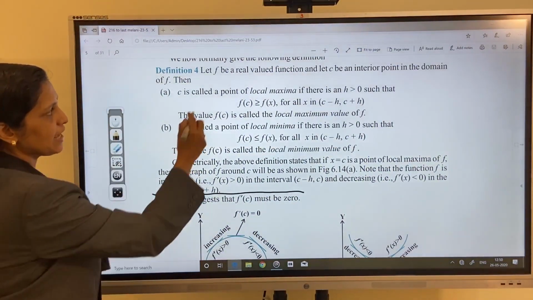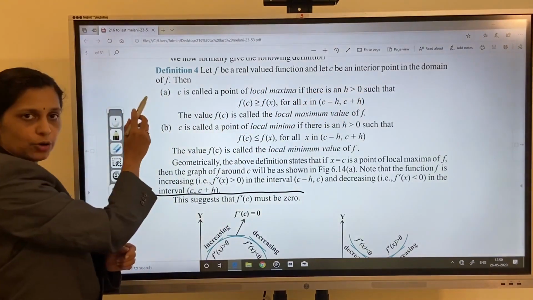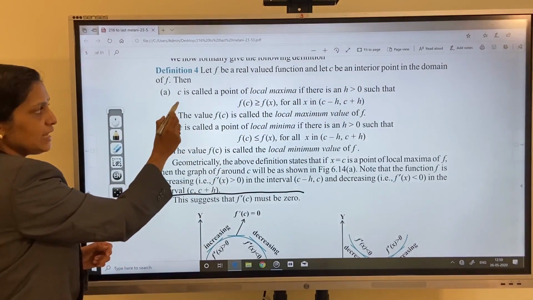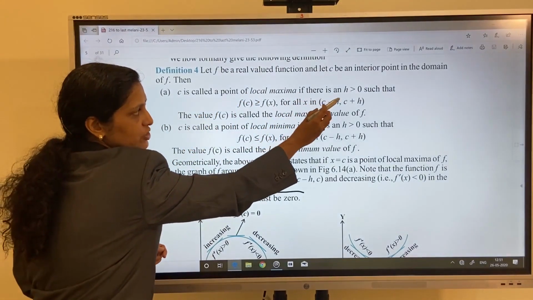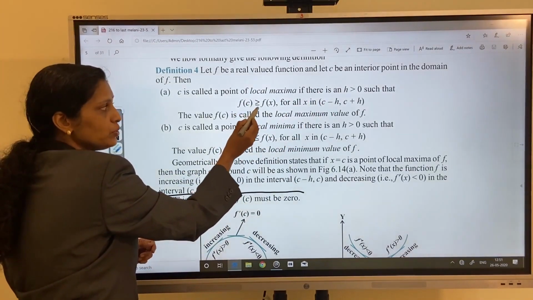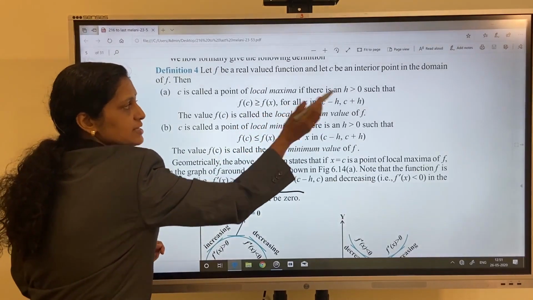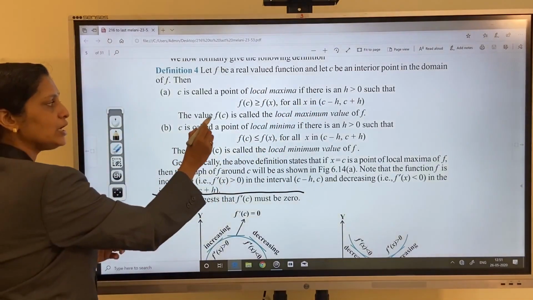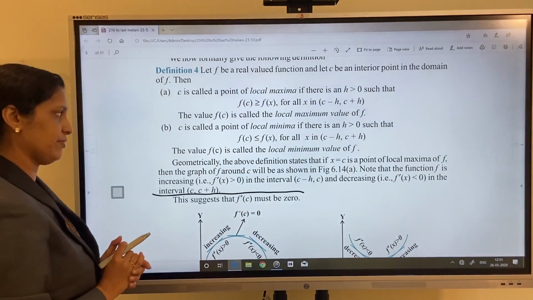Let f be a real valued function and let C be an interior point in the domain of f. Then C is called a point of local maxima if there is an h greater than 0 such that f of c is greater than or equal to f of x for all x in c minus h, c plus h. The value f of c is called the local maximum value of f.